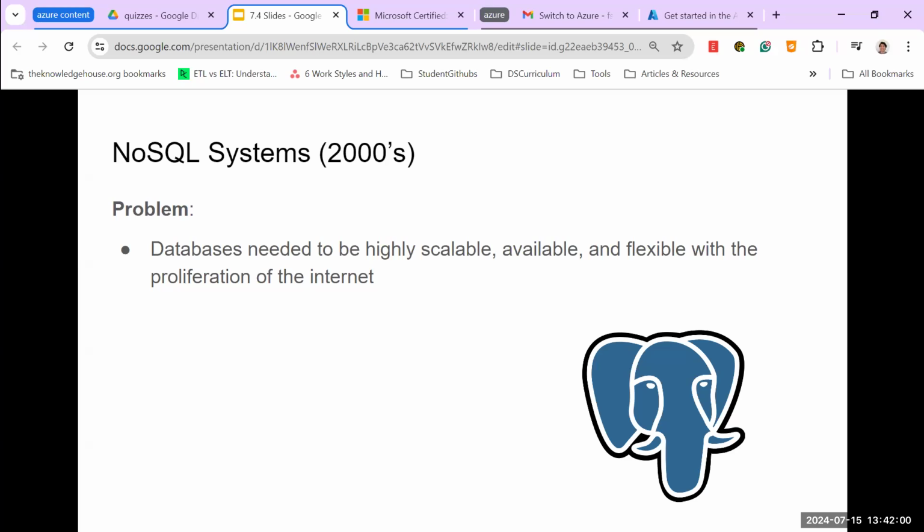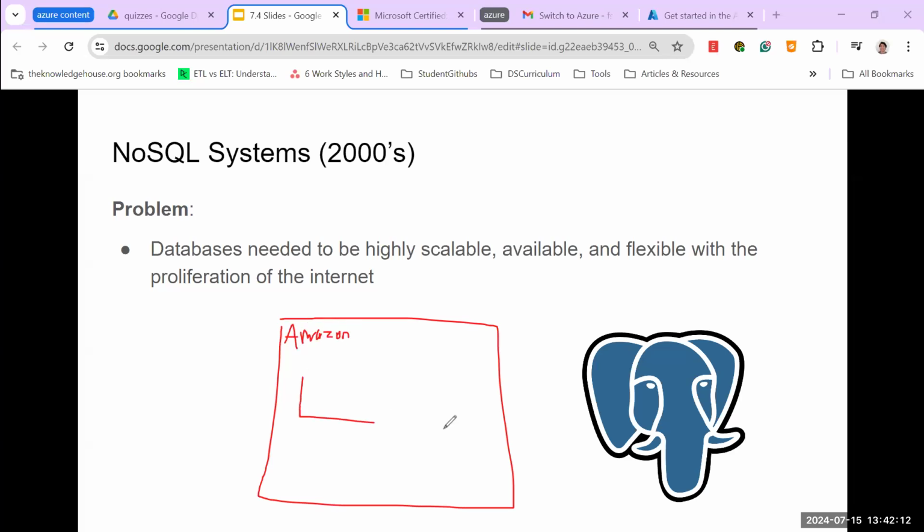What does that mean? Well, think about it this way. Have you ever had an object in your Amazon shopping cart and you just kind of kept it there, and then you never ended up buying it, and then you ended up deleting it? Well, think about what that's going to look like in a relational database, right?